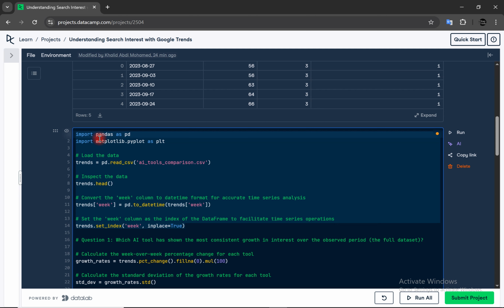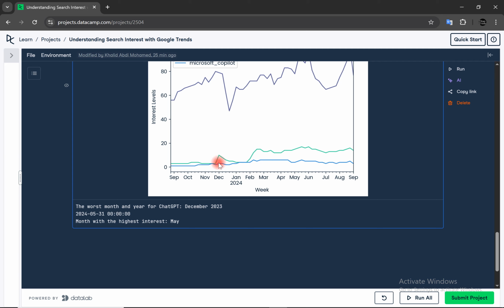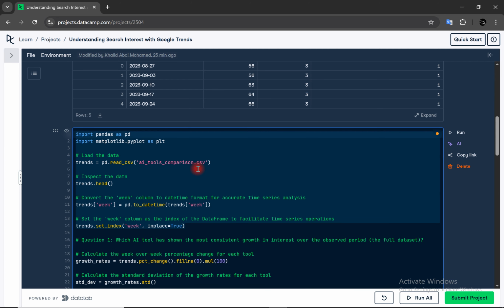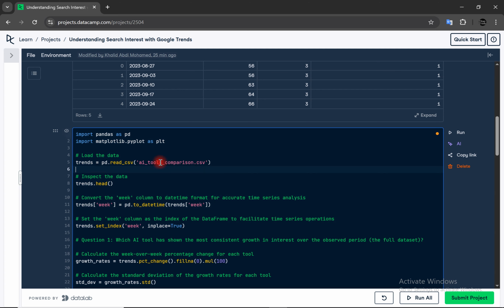And I also loaded the CSV data, the CSV used is the AI tools comparison. I also converted the week column to a datetime format, and I set it as the index to make time series analysis easier.